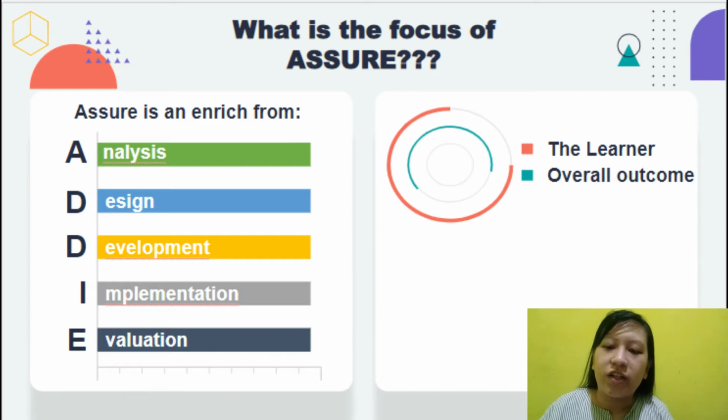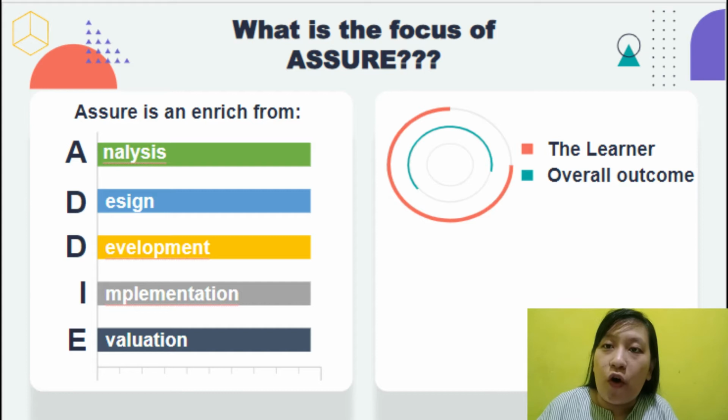According to Heinich, Molenda, and Russell, 1993, Azure focused on planning and conducting instruction that incorporates media. In addition, the Azure model focuses on the learner and the overall outcome of accomplishing learning objectives. The Azure model is an enriched evaluation of the ADDIE general model.